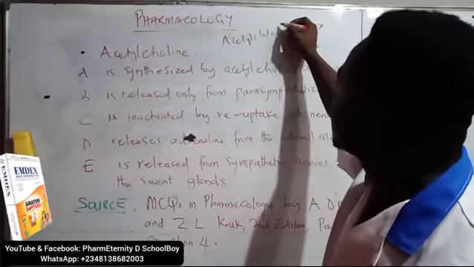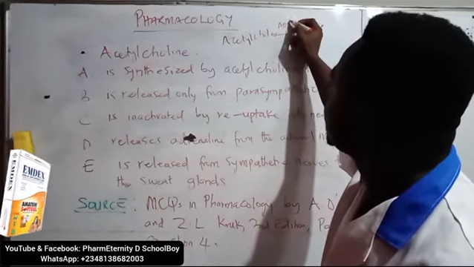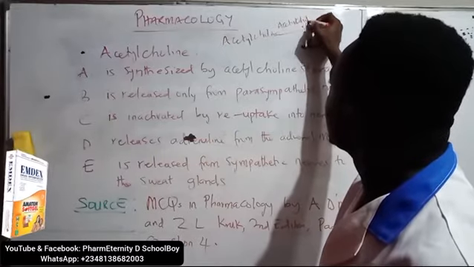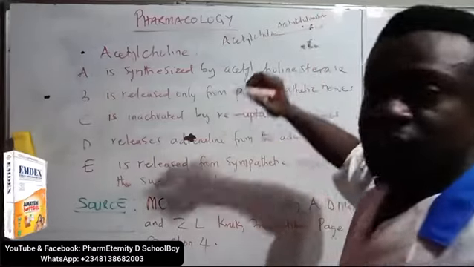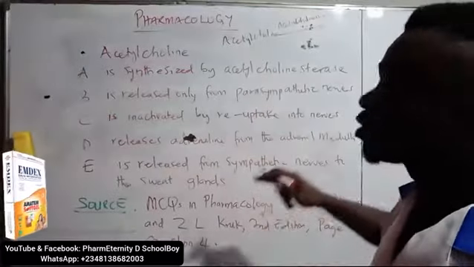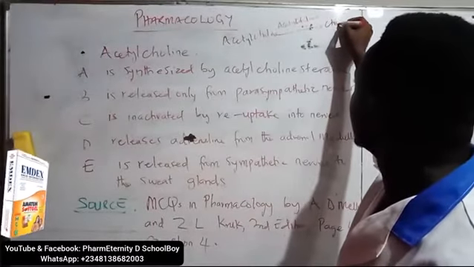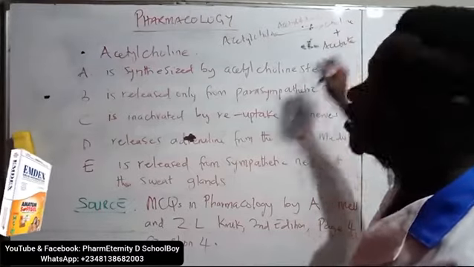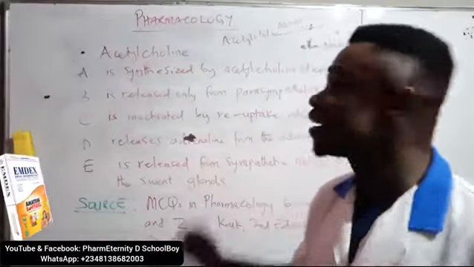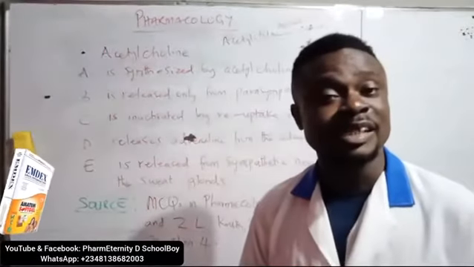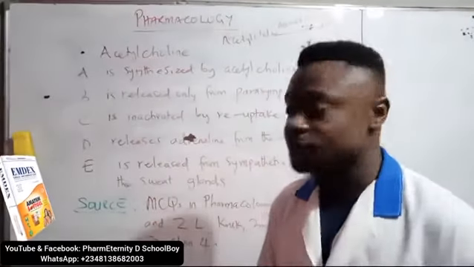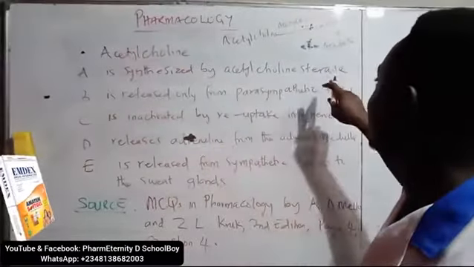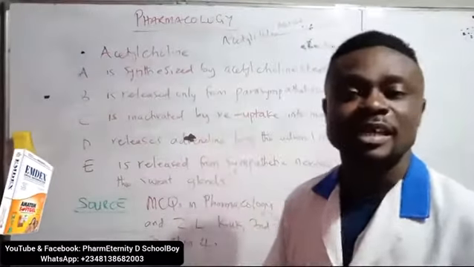If this enzyme acts on acetylcholine, what will happen is that it will break it down to choline and acetate, thereby rendering acetylcholine inactive. But option A says it is synthesized by acetylcholinesterase. That is not the answer. This option is false.